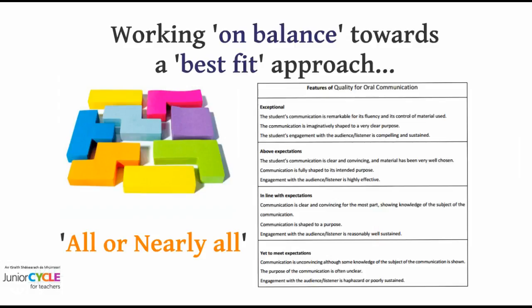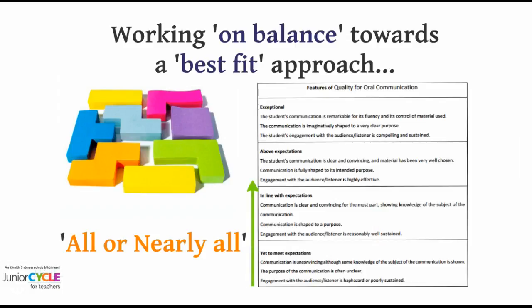Teachers will make an initial judgment while watching and listening to a student carrying out the oral communication as to whether the student has yet to meet expectations. This will establish a basic threshold for what is considered to be in line with expectations in relation to the features of quality.